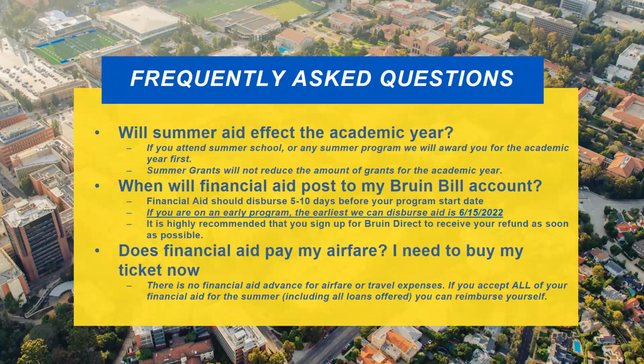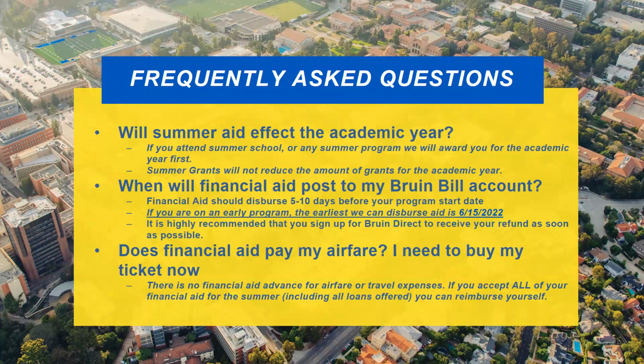We'll send the financial aid to the UCEAP office, which is located in Goleta, California. We'll send that money up to them, and they will post that money to your UCEAP bill. So for those participating in the UCEAP program, your money will not be posted to the Bruin bill. It will be posted to your UCEAP bill.